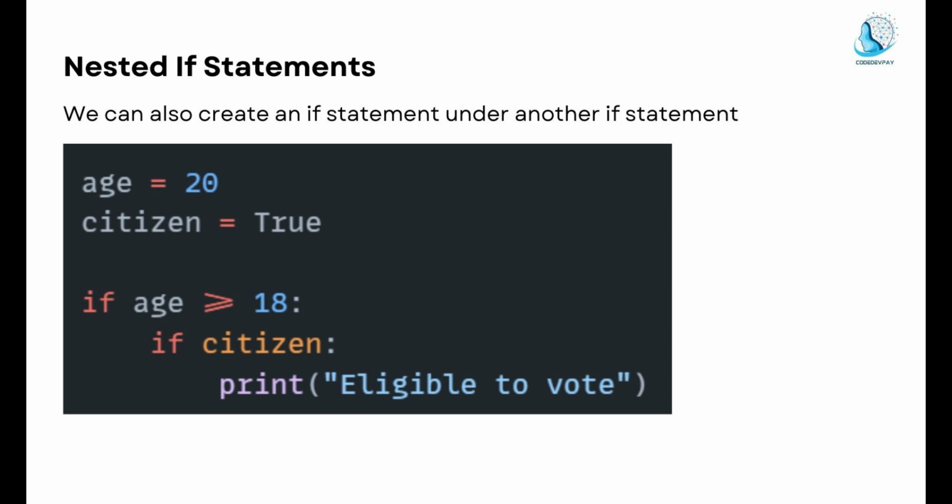So we have if citizen, and then the code block is print eligible to vote. So we are going to first check whether the age is over 18 and then check if citizen is true. If citizen is true, then we are going to print eligible to vote.